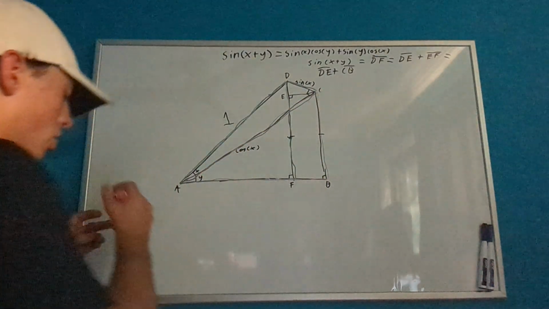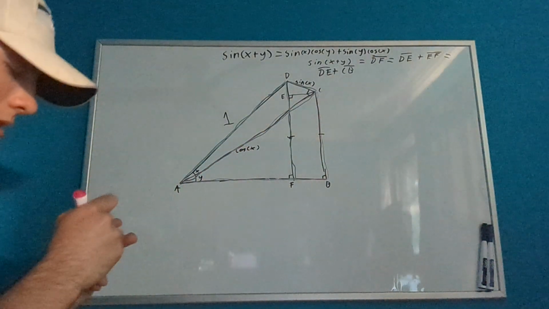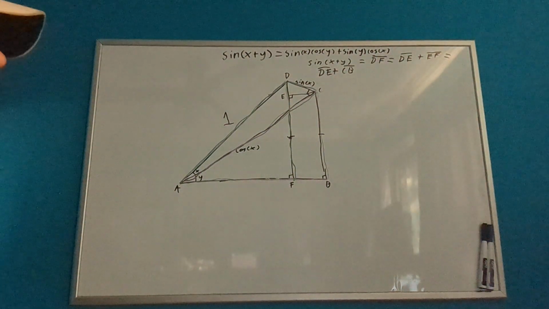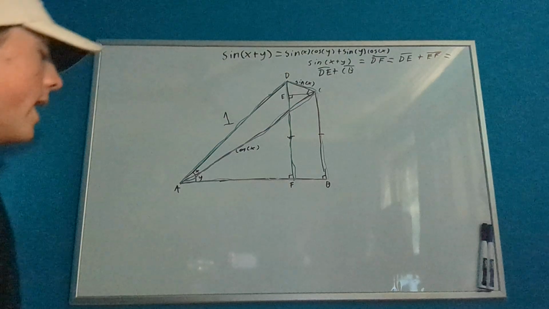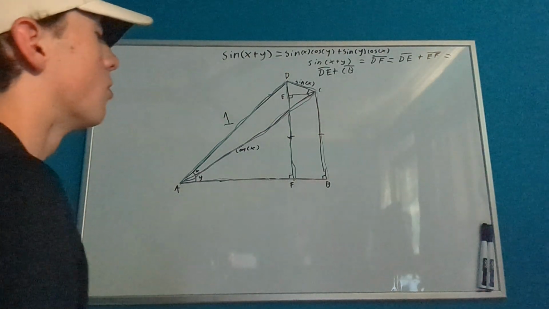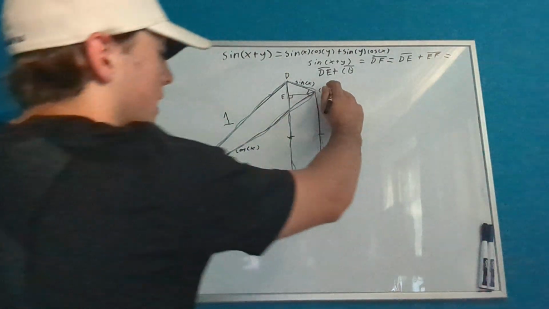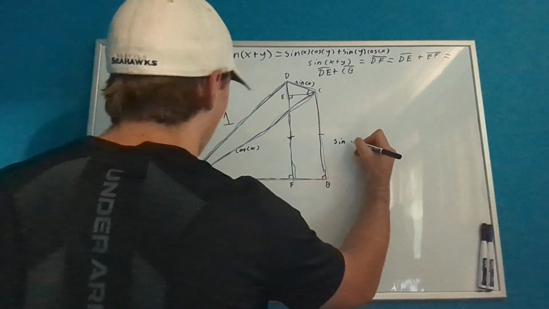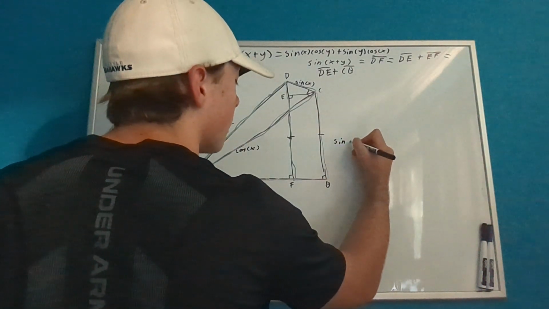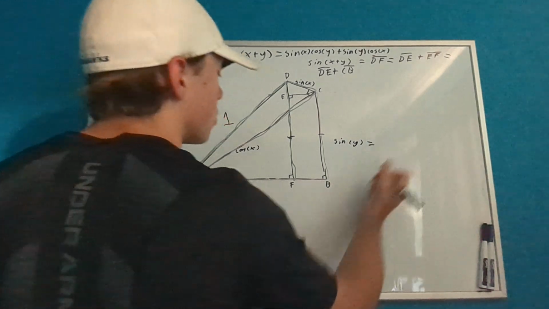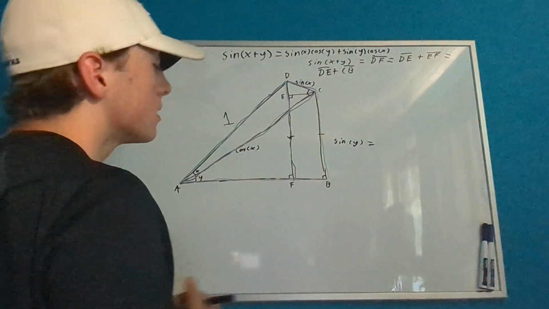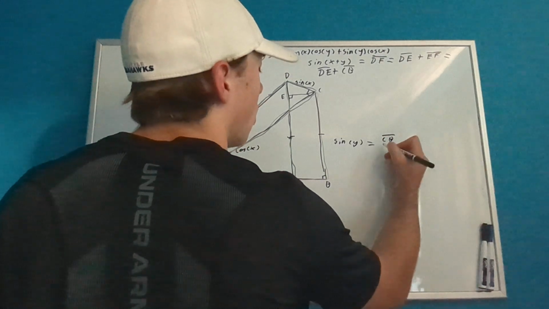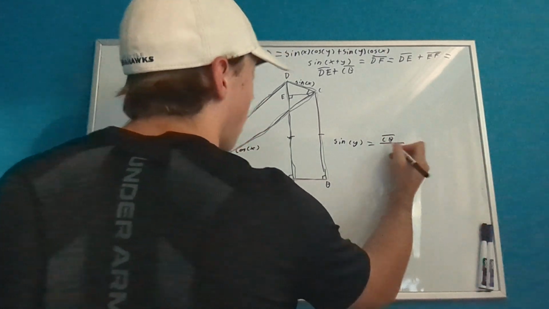This triangle just has angle y. So what can we actually say about it? Well, let's do the sine of it. Sine of y is equal to opposite, CB, over hypotenuse.